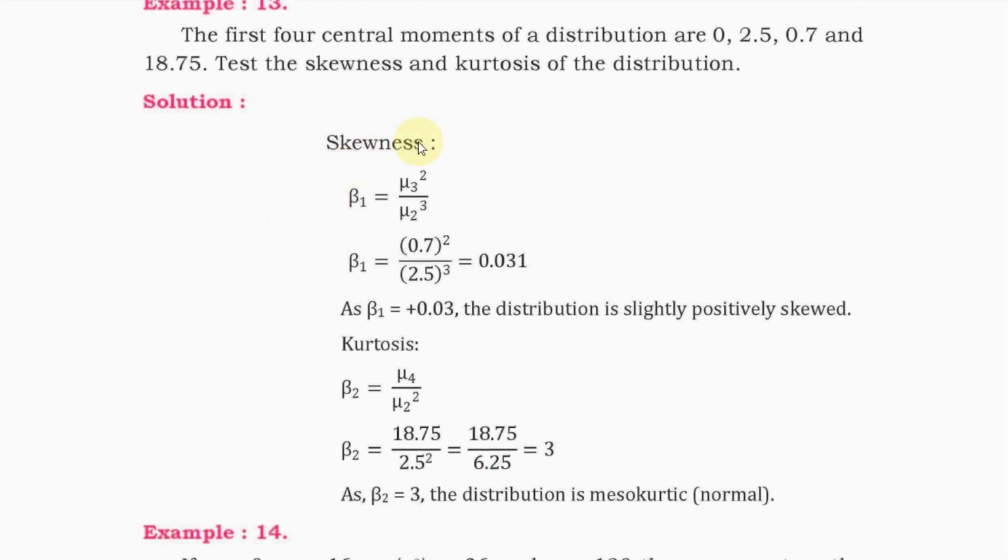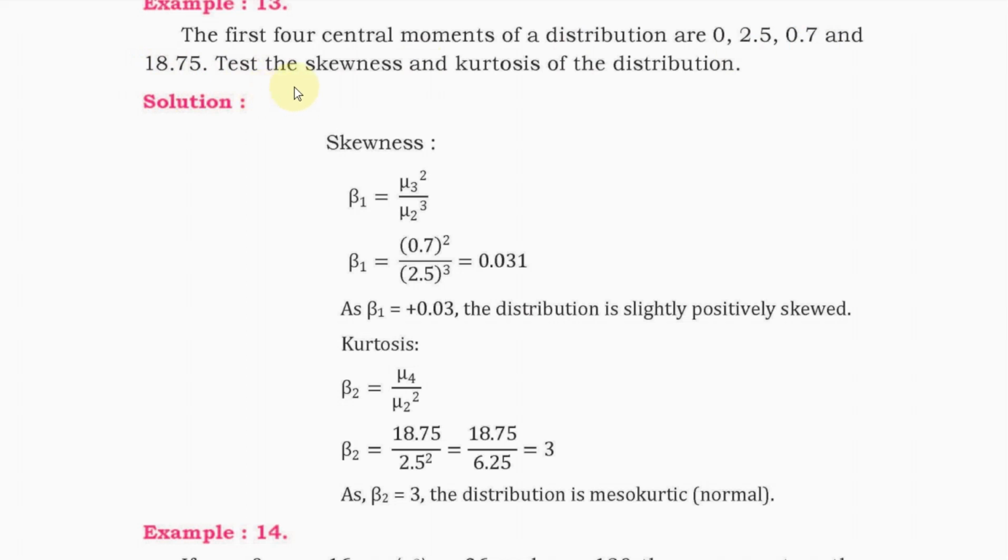The first four central moments of a distribution are 0, 2.5, 0.7 and 18.75. Test the skewness and kurtosis of the distribution. So they have given you the first four central moments: mu1 is equal to 0, mu2 is equal to 2.5, mu3 is equal to 0.7 and mu4 is equal to 18.75.